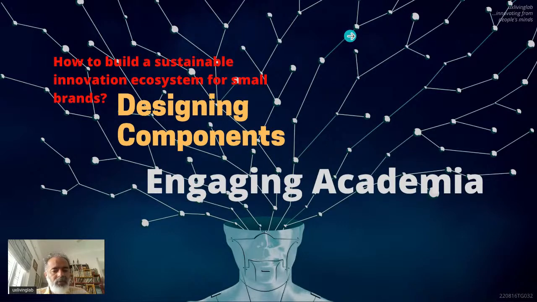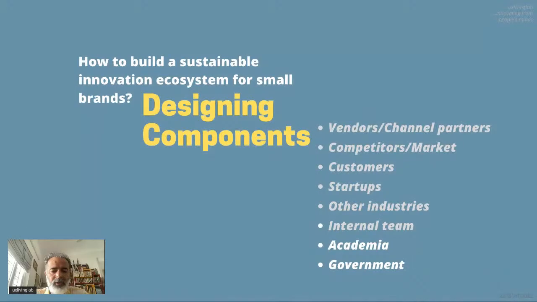It's talking about designing various components of the ecosystem, and today we are talking about engaging academia. In previous weeks we discussed vendors, channel partners, the components of competitors and market, then customers, startups, other industries, internal team, and today we are talking about academia.